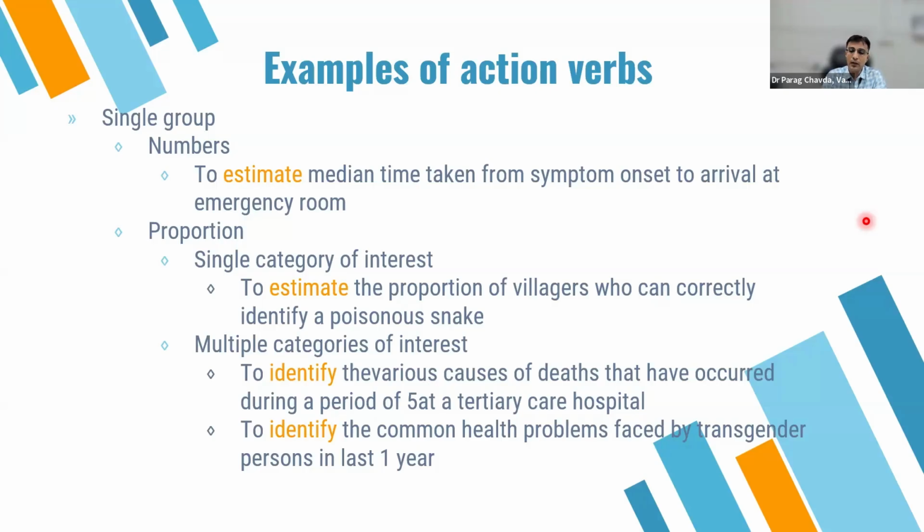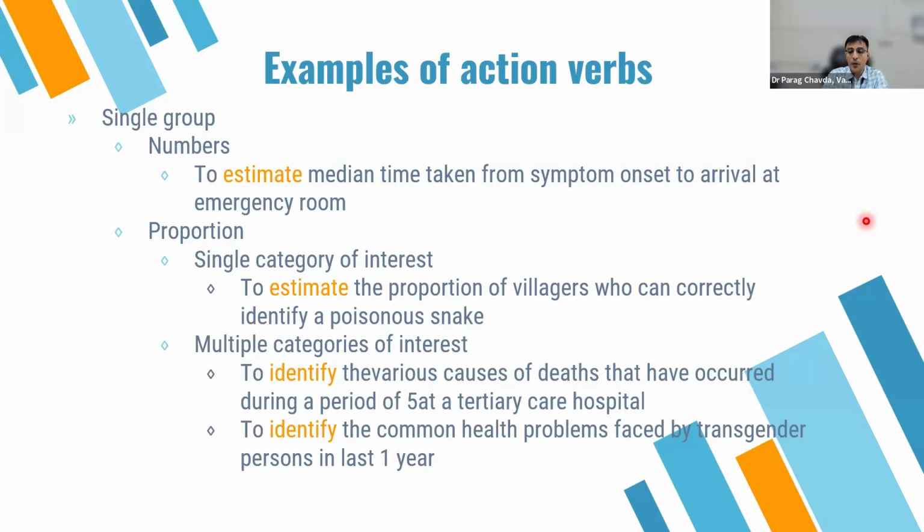So for example, you are interested in only a single proportion. So we took this study where the proportion of villagers who can correctly identify a poisonous snake was to be identified. So here there are only two categories: those who could correctly identify, those who could not. So in this case, it might be to estimate the proportion who could correctly identify.